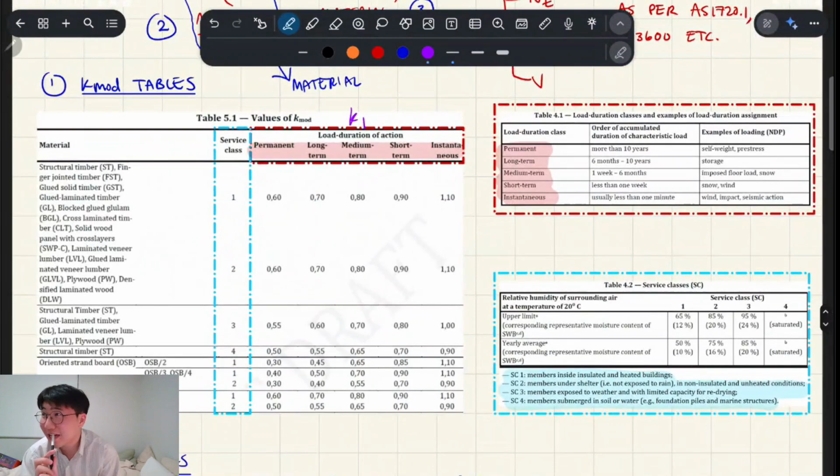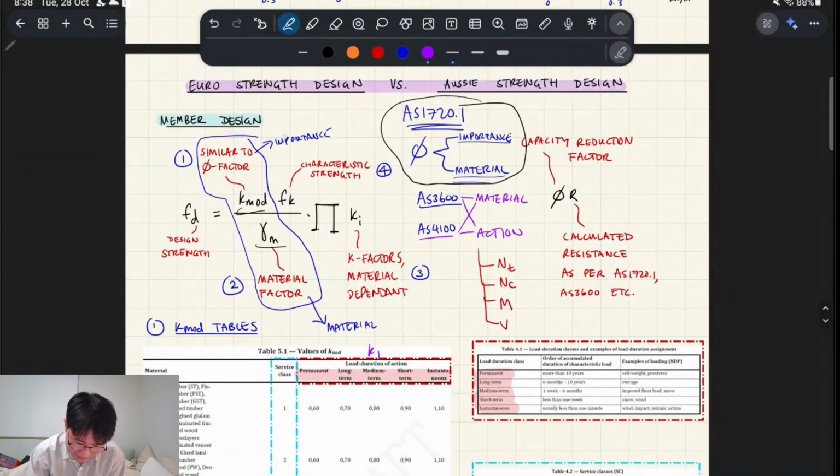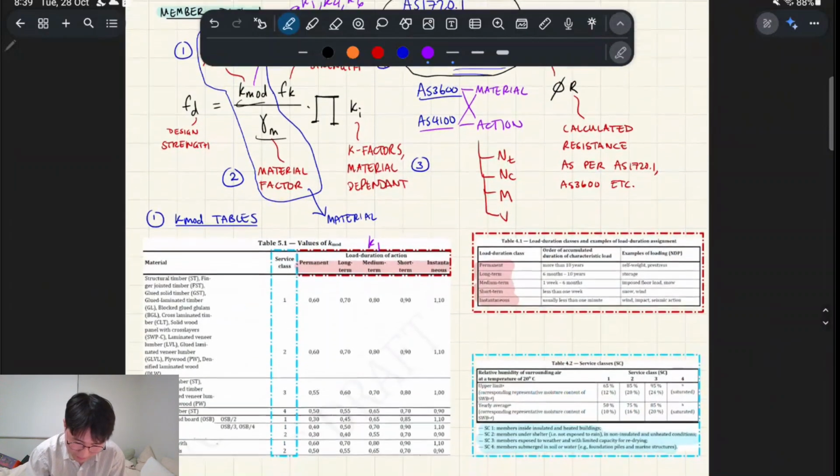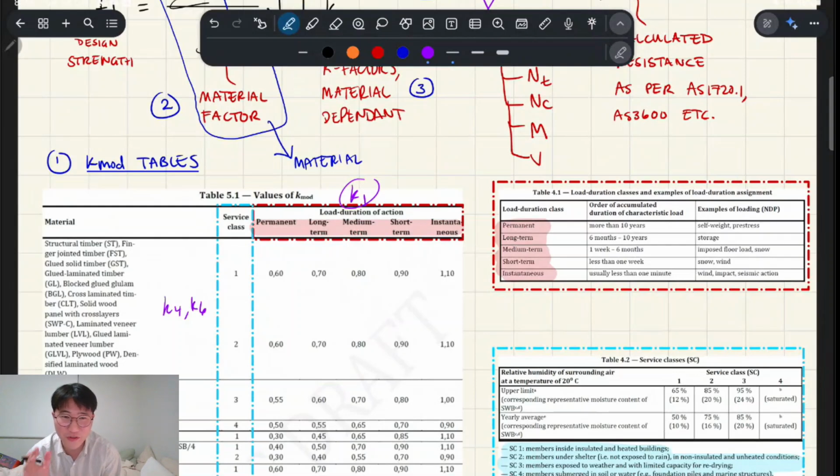Service class is not the same as the importance level thing I was talking about. Okay, sorry. It's not importance level. So K mod in the timber code is more like K1, K4, and K6 combined. Because K1 is that one there. Service class is actually K4, K6. So that's your temperature. So service class is something different to importance level.